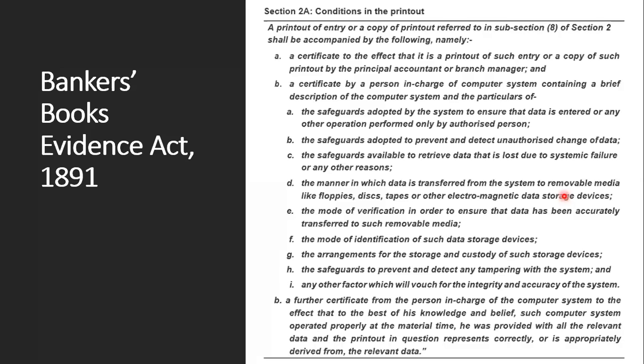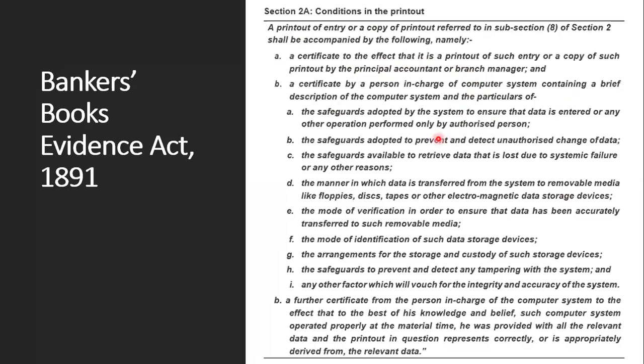So in section 2A, the Bankers Book Evidence Act has given the conditions for the printout, or what the printout mentioned in subsection 8 should consider. They have said that it should consist of a certificate to the effect that the printout is from the branch manager, as we have already discussed, and a certificate by the person in charge of the computer system, which gives a brief description of the computer system.